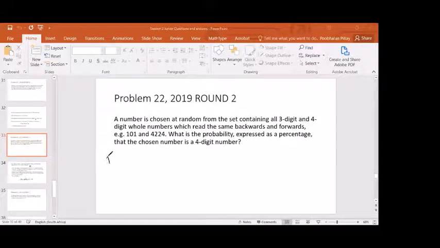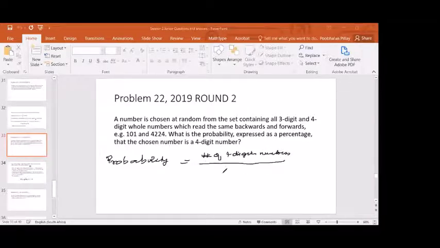So the probability that the chosen number is a 4-digit number will be the number of 4-digit numbers over the total number.